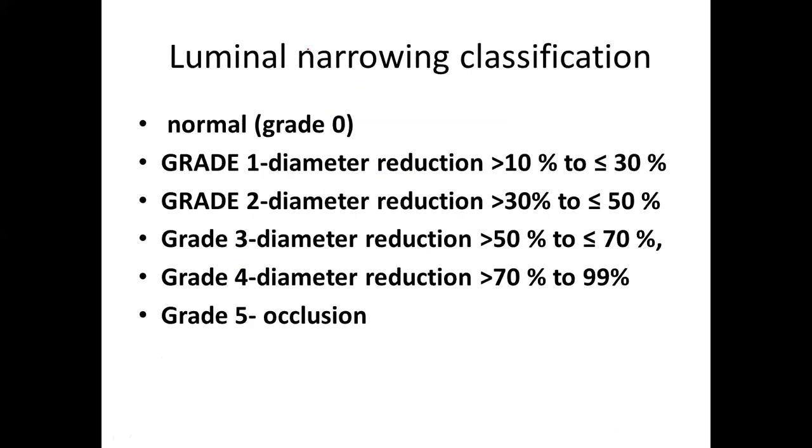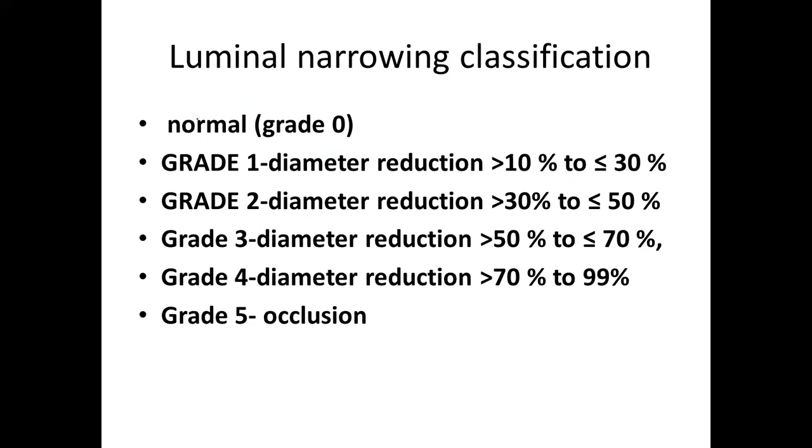Then the luminal narrowing classification is done using MRI and CT angiography. I don't know, maybe in the future we may be able to determine this percentage stenosis using ultrasound, but due to the multiplanar imaging of the CT scan and MRI, they can be used to determine diameter reduction in the renal vessels.